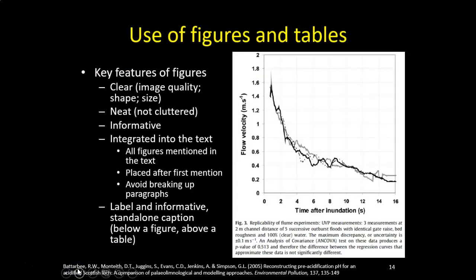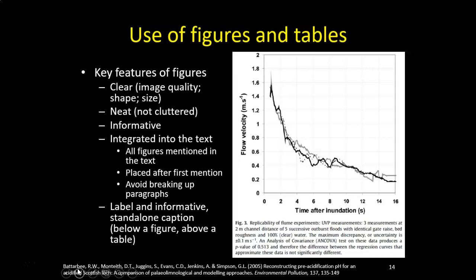In a report, we ask you to include figures and tables. Figures and tables include charts, bar charts, tables of information, visuals of any kind, maps, diagrams, that kind of thing. So the key feature of a figure is it needs to be clear.